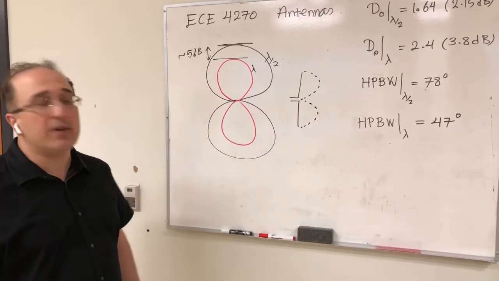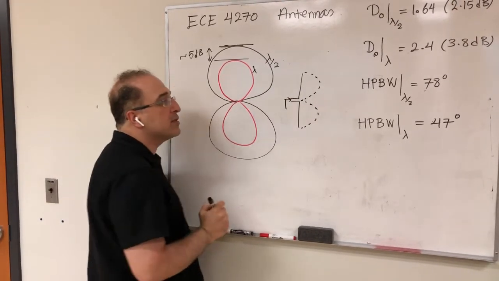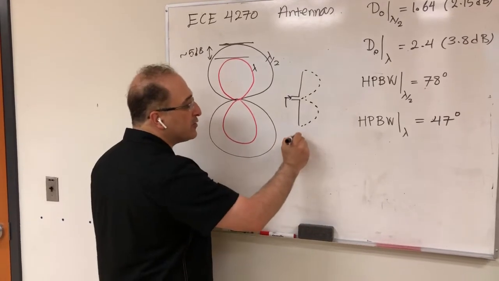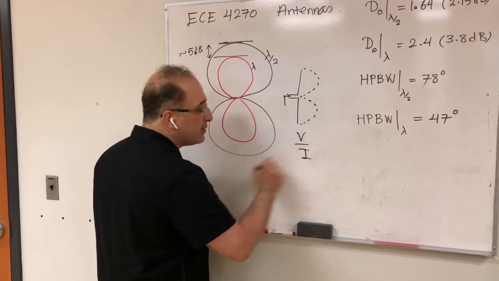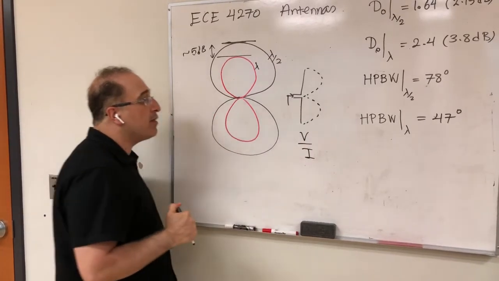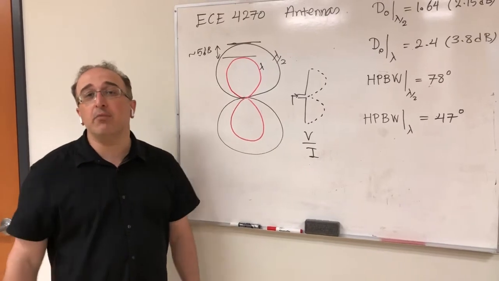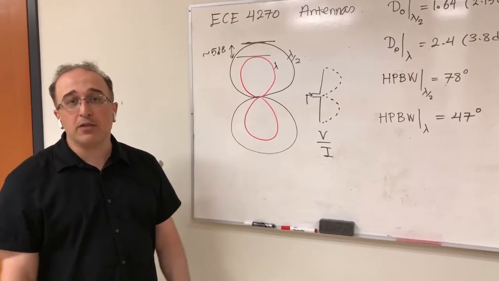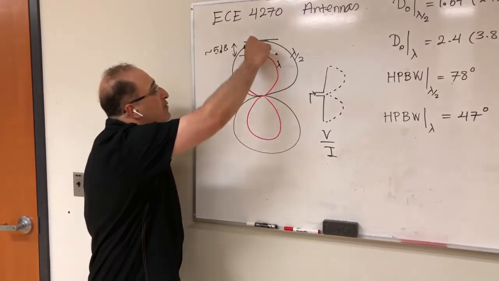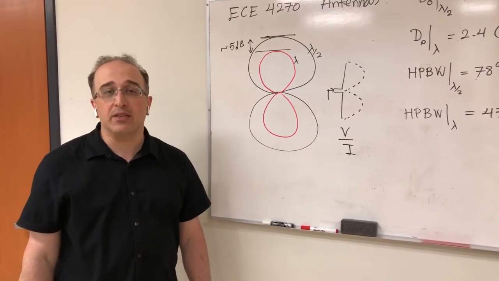When the current is very small at the input port, the input impedance, which is voltage divided by current, becomes very large because the current becomes very small. Therefore, you're going to have a very large input impedance, and that creates impedance mismatch for you. And it's because of this impedance mismatch that we observe this gap between the maximum received signal.